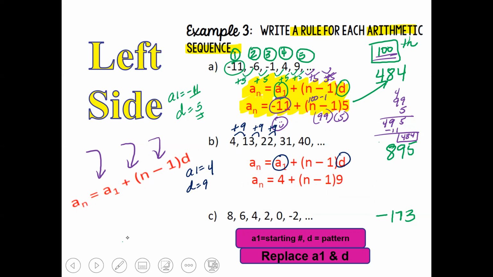Now let's try this. If I want the 100th term, what would that be? 99 times 9, grab a calculator, is going to give you that number. That number plus the 4, because you can't forget the 4 here, is going to give you 895, which is your 100th term.